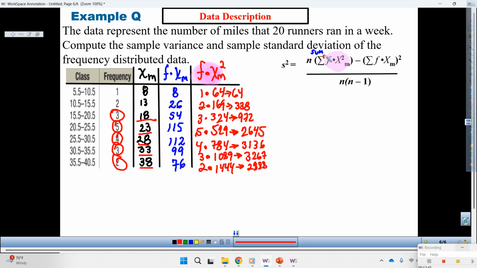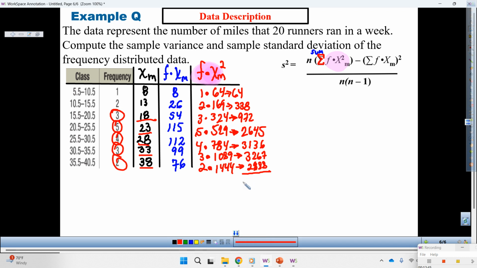The Greek symbol sigma, yes? So, everybody, calculators: 64 plus 338 plus 972 plus 2645 plus 3136 plus 3267 and 2888. Total.